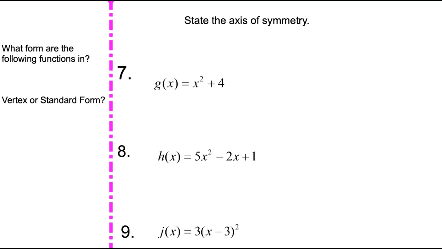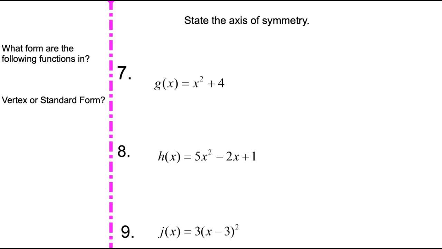Two forms we talked about, vertex form or standard form. Number 7, what do you think number 7 is, vertex or standard form? It actually could go both. This one's kind of a weird one.